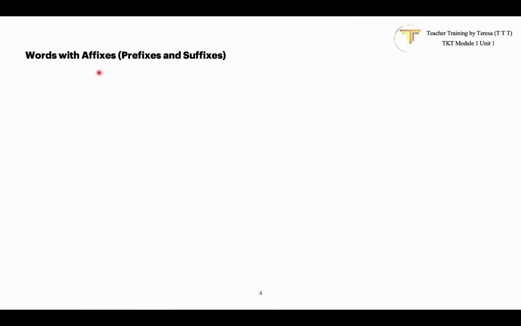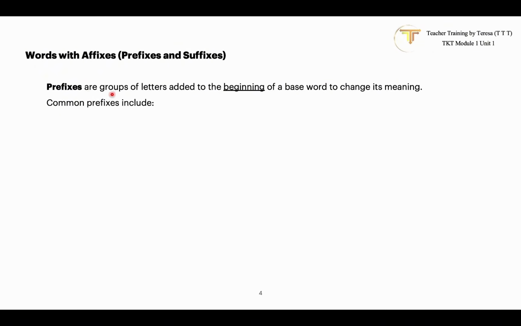Words with affixes, prefixes and suffixes. Prefixes are groups of letters added to the beginning of a base word to change its meaning.